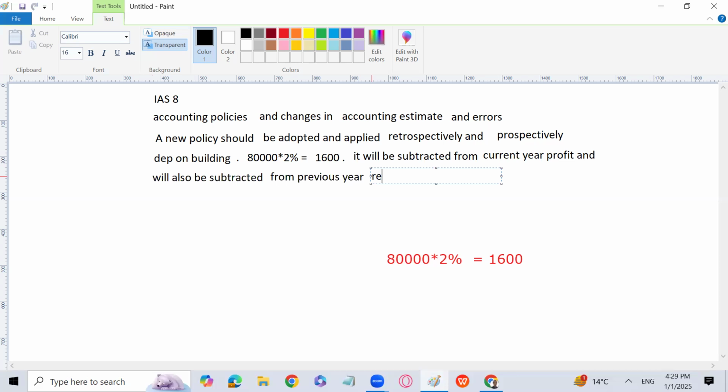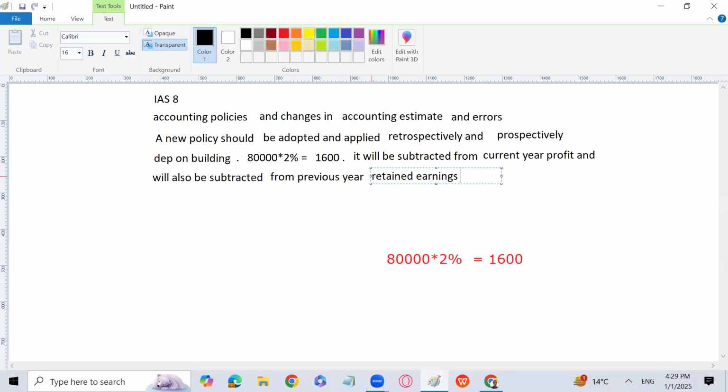Why? Because we have to adjust the financial statements of the previous years accordingly. It means the depreciation on building, though the depreciation policy has changed this year, should have been applied in the previous year also. So we are going to give the impact of this adjustment for both the years.